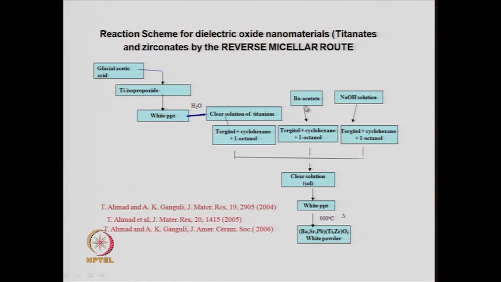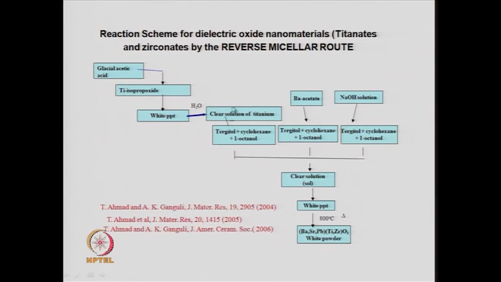depending on whether you have taken barium or strontium or lead, barium titanium oxide or lead titanium oxide. If instead of titanium isopropoxide you have taken zirconium alkoxide, then you will end up with a zirconate. So, you can end up with barium zirconium oxide.